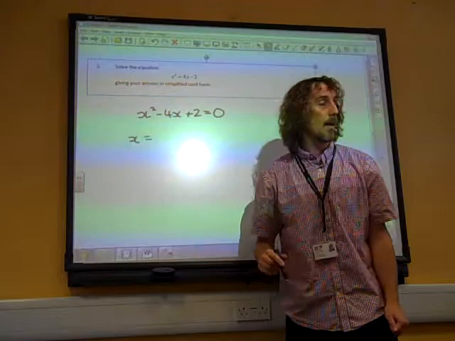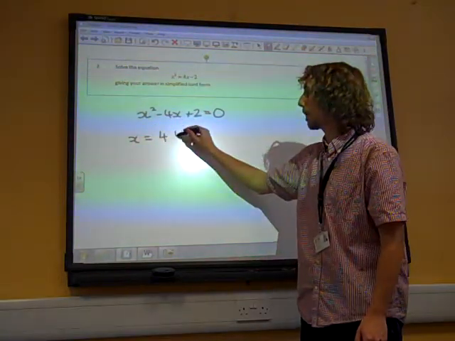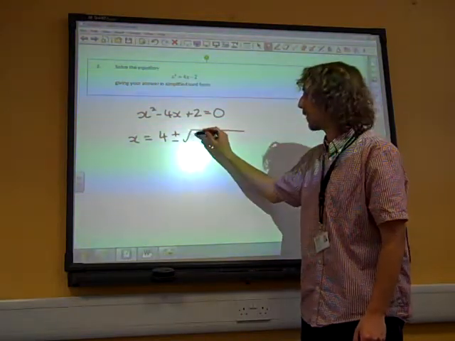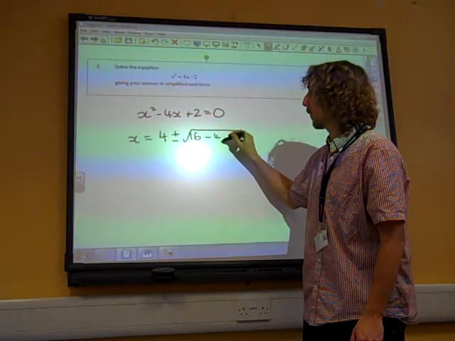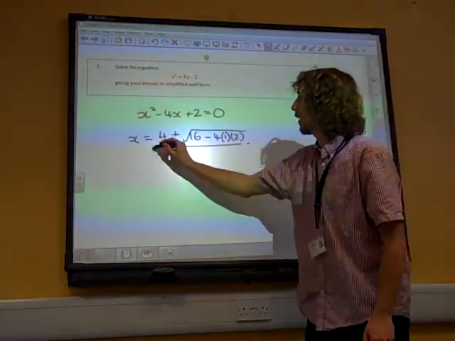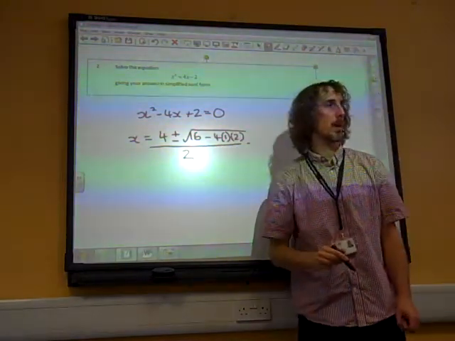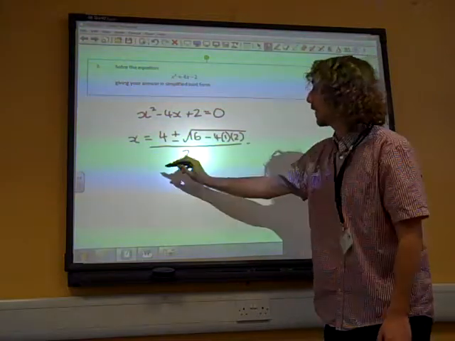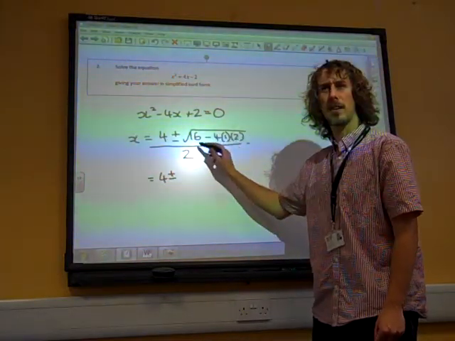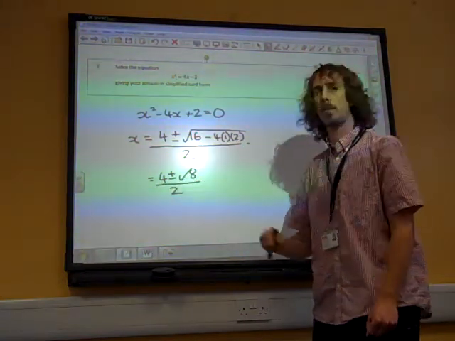And so that will be minus b, so that's going to be plus 4, plus or minus the square root of b squared, minus 4 when you square it is 16, minus 4 times a, which is 1, times c, which is 2, all divided by 2a, which is just going to give us 2. And so that is going to be 4 plus or minus, now this comes out as 8, doesn't it? 16 take away 4 times 2, so we've got root 8 there over 2.